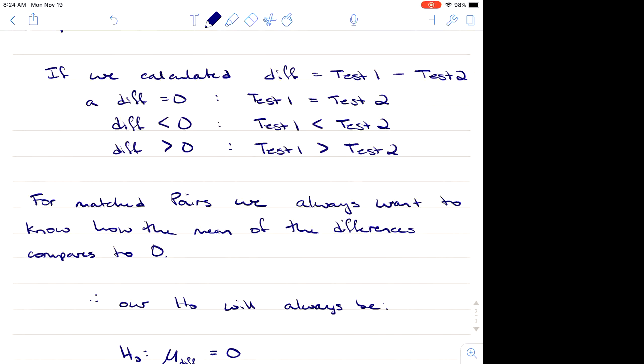So for matched pairs, I will always just give you a two-sided test, just because it's hard to figure out how these things translate to the two different samples. And so we'll always just want to know, is there a difference between these two groups?